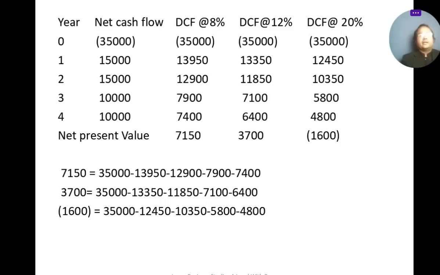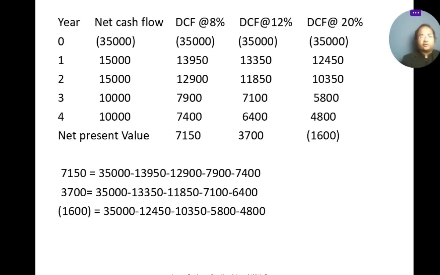So here there are three different discount rates: 8%, 12%, and 20%. Now you have to find out at which rate you get a zero NPV. Above that, you can accept the particular project.